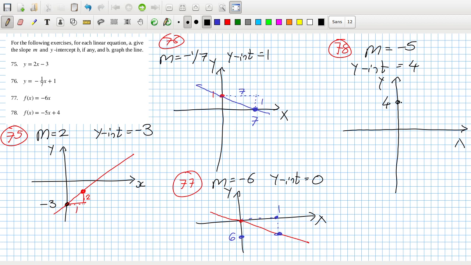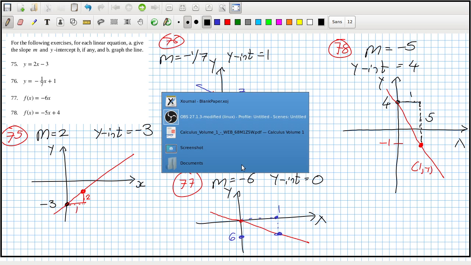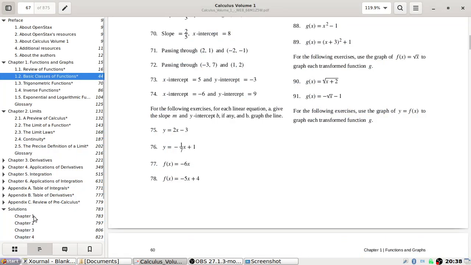And the slope is -5, meaning you have to travel out 1 unit before you can go down 5. So your line would be kind of steep downwards. That point there would be 1, -1. You travel out 1 unit and you drop 5. Let's just have a peek at the answers, huh?